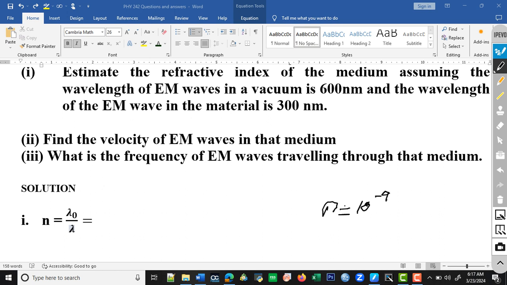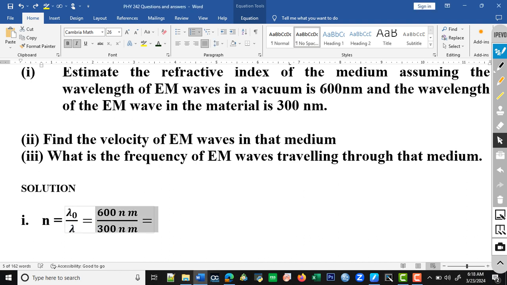Alright, in this case I will not convert anything, because even if I convert it now, it will still cancel out. So let me move further. By substituting lambda naught, we have 600 nanometer over 300 nanometer. The reason I said I was not going to convert is that even if I converted, I would still strike these values out, since they are the same.